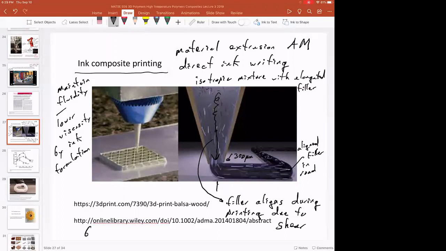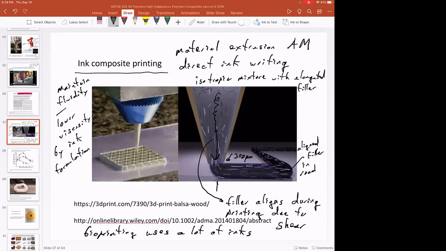And so bioprinting uses a lot of inks. Also in, say, printed electronics, they use inks as well.